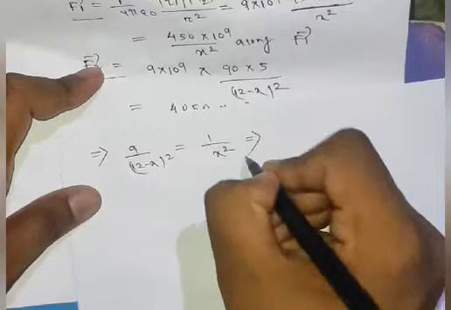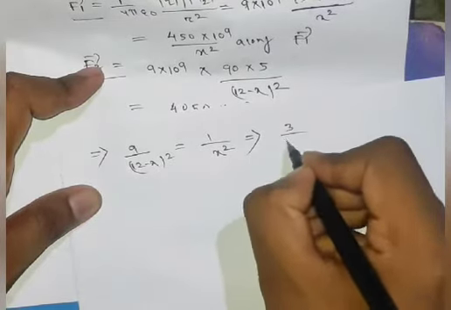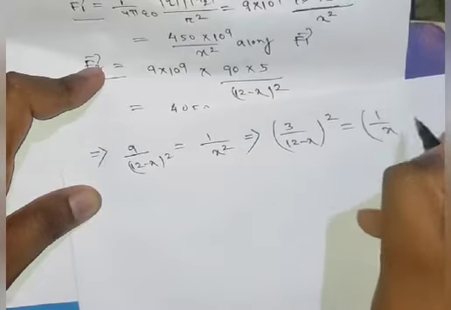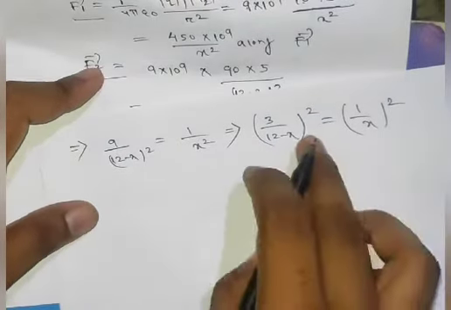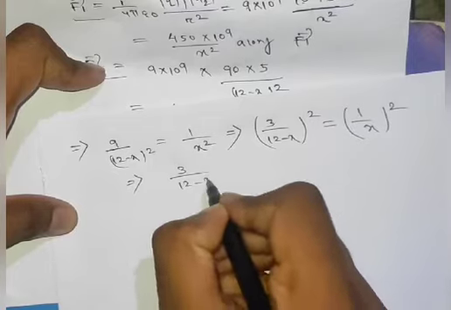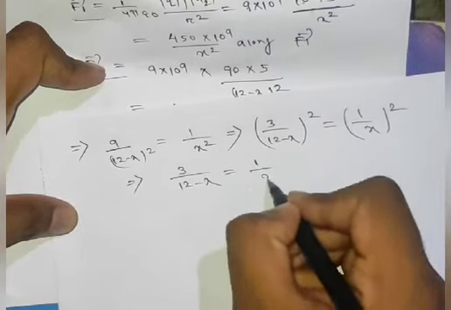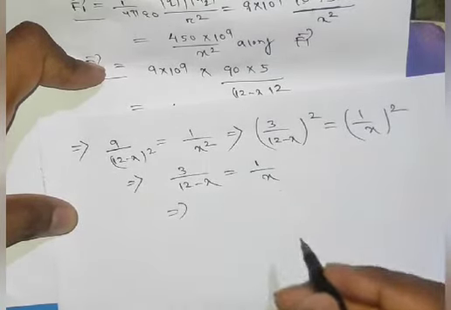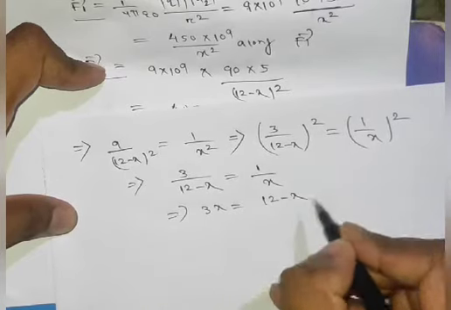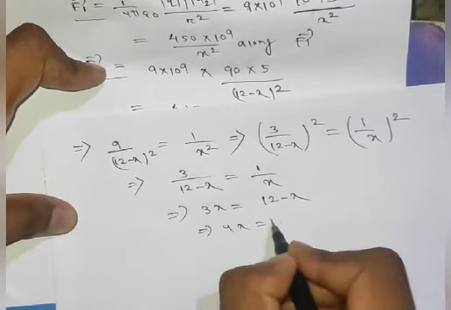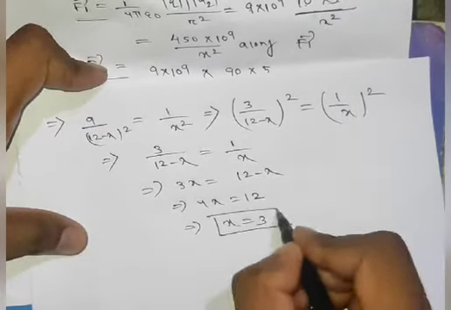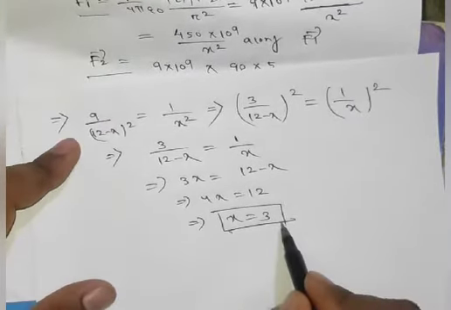We can rewrite this as 3 by 12 minus x whole square equal to 1 by x whole square. If we take the square root on both sides, it will be 3 by 12 minus x equal to 1 by x. Cross multiplying, 3x equals 12 minus x, so 4x equals 12 and x equals 3. So we get the value of x equal to 3.